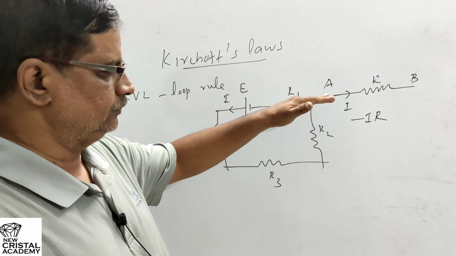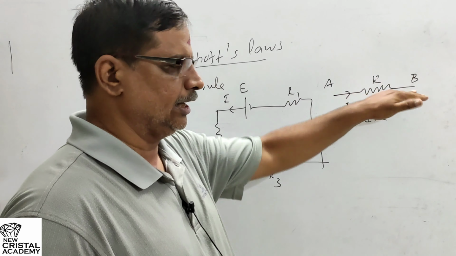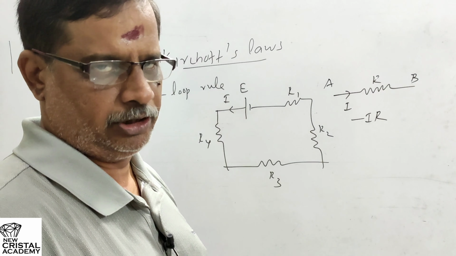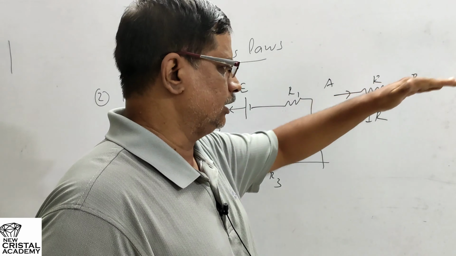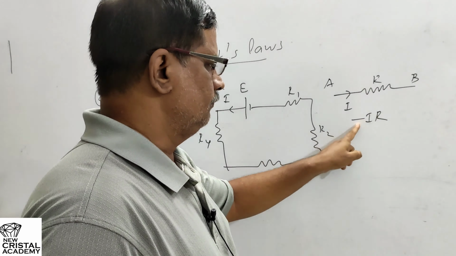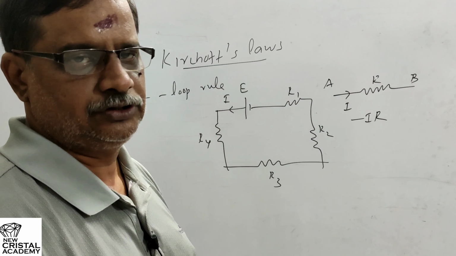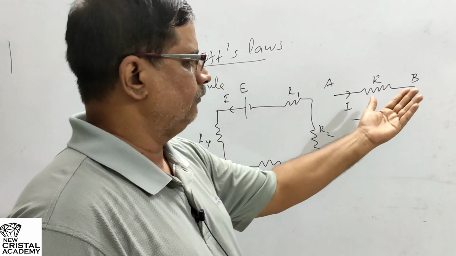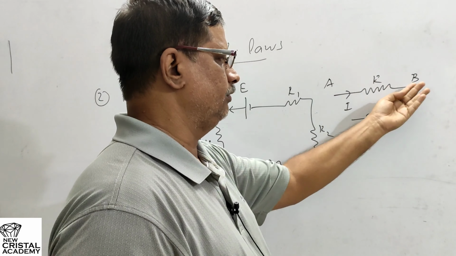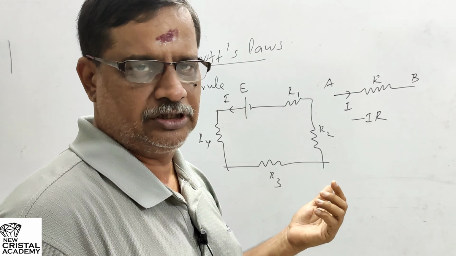That also means that I am walking in the direction of decreasing potential. Current always travels from higher to lower potential. So there is a decrease or drop in potential, which is represented by minus IR. Now what if I was traveling in the opposite direction, from B to A? Then I was traveling in the direction of increasing potential.